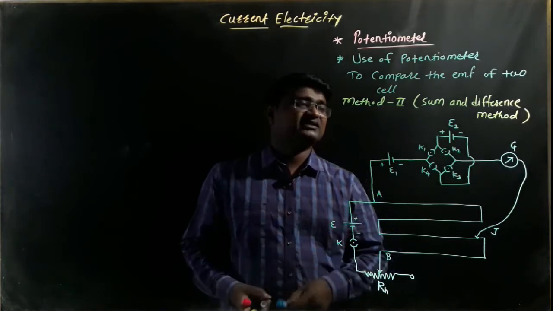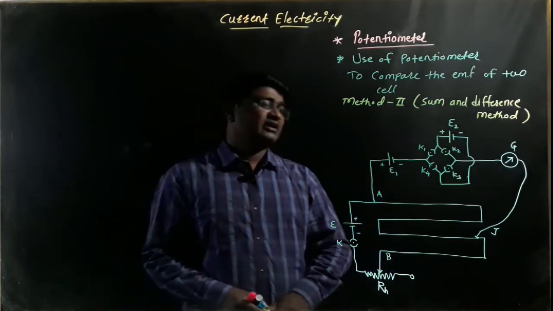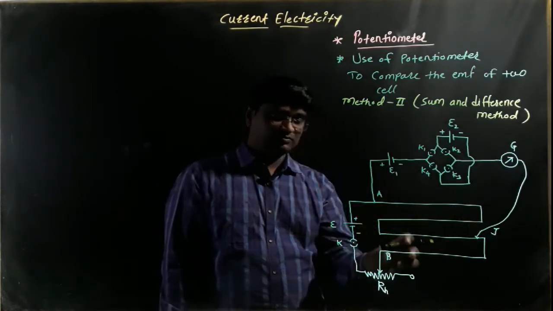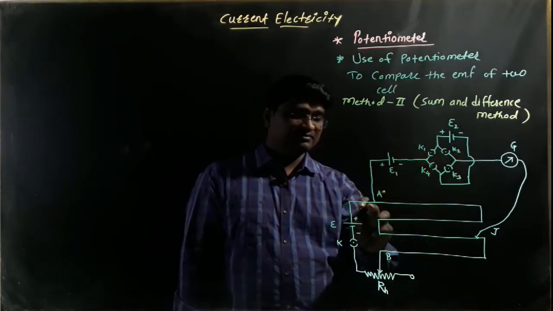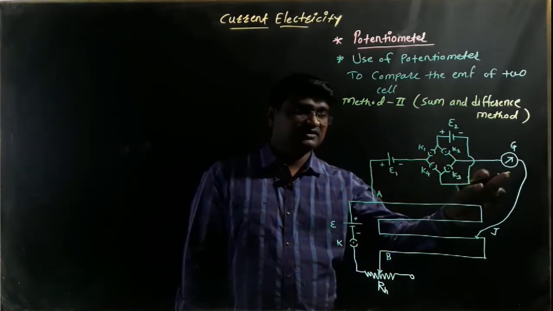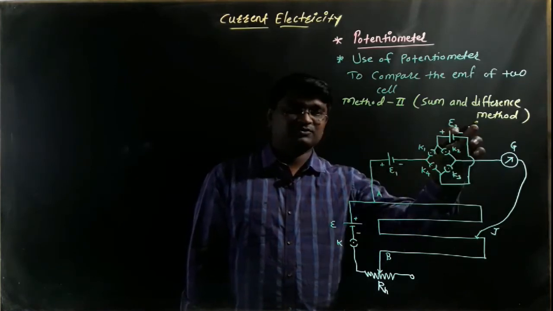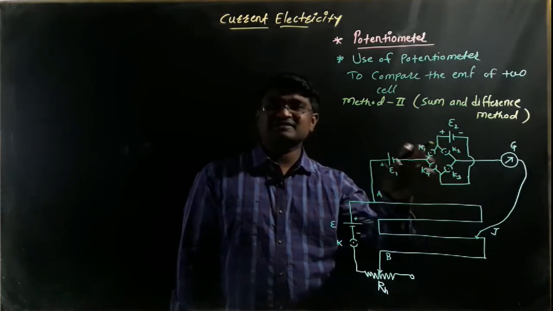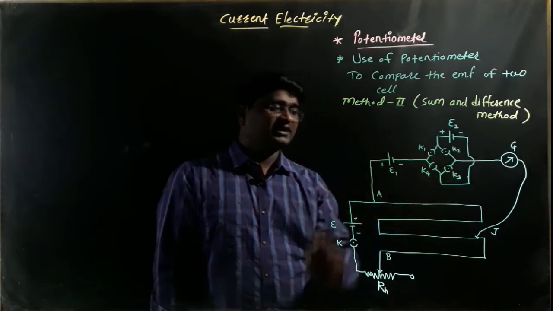With the help of the second method, we compare the EMF of two cells by using the sum and difference method. This is our regular circuit. This is a potentiometer wire, and another circuit is connected between A and the galvanometer. The 2 cells with EMF epsilon 1 and epsilon 2 are connected here through the 4 terminal key, which has 4 keys denoted by K1, K2, K3, and K4.